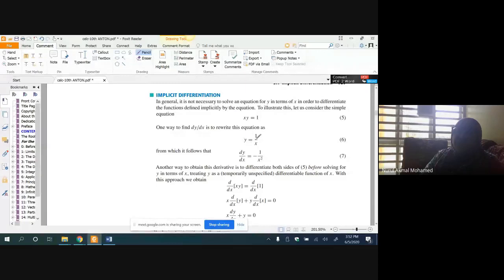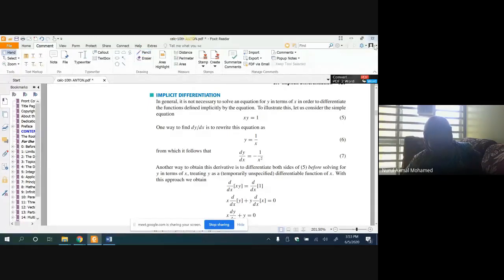You get y equal to 1 over x, and this one is also equal to x to the power of -1.